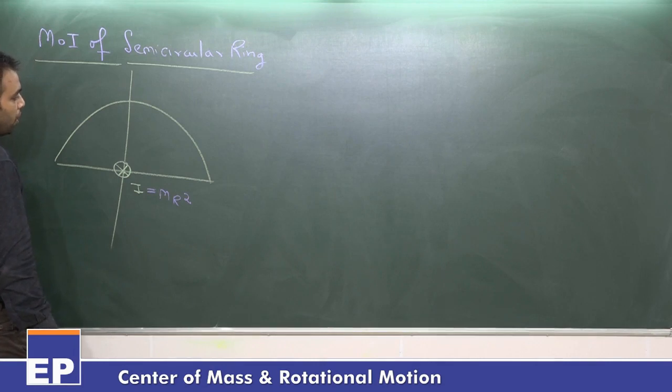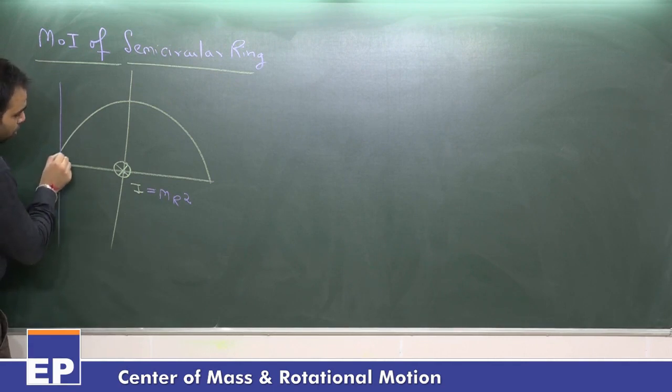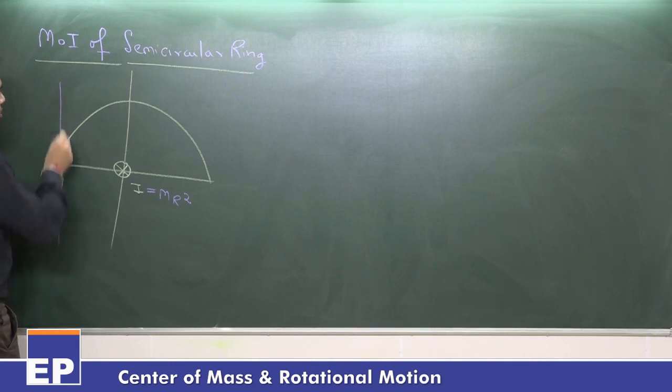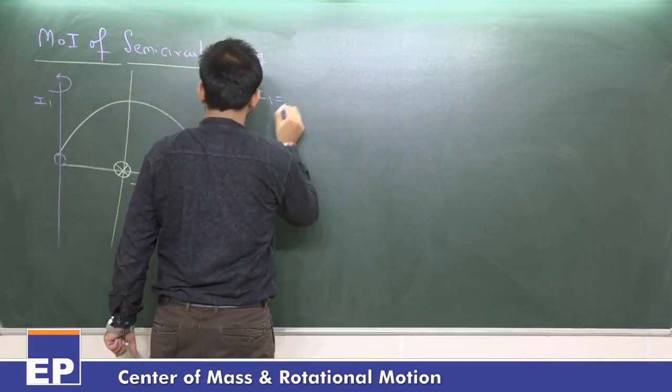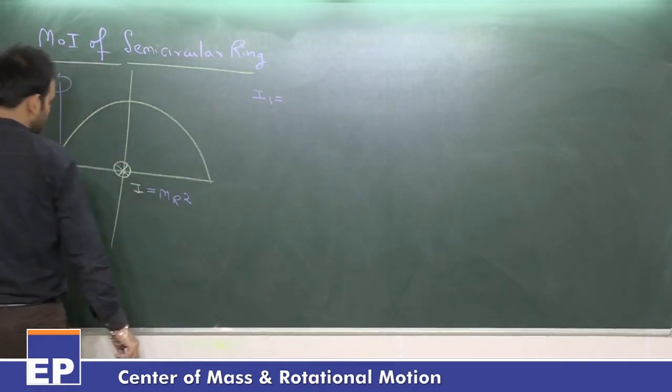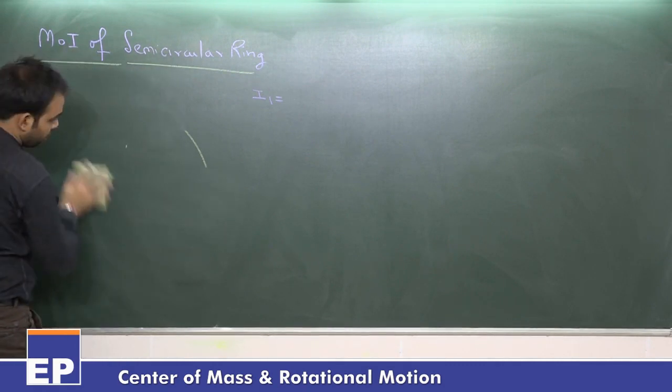Now, about some different axes, if I want to calculate about that axis passing through its corner, that is I1. So I1 is equal to what? It is passing through its center of mass. I am again discussing it. There are some changes there.